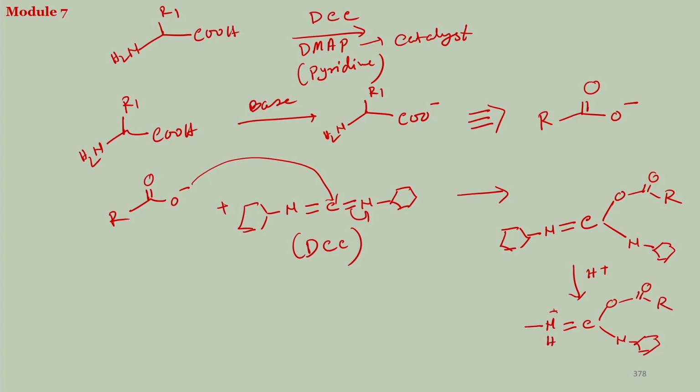So, this should be NH plus and you have this C, O, COR, and here there was N and the cyclohexane part, there is N cyclohexane and this N is protonated.